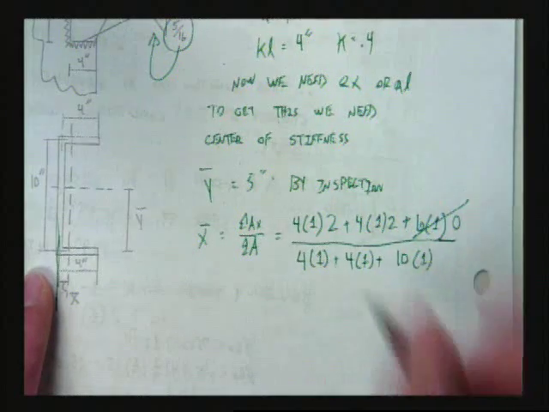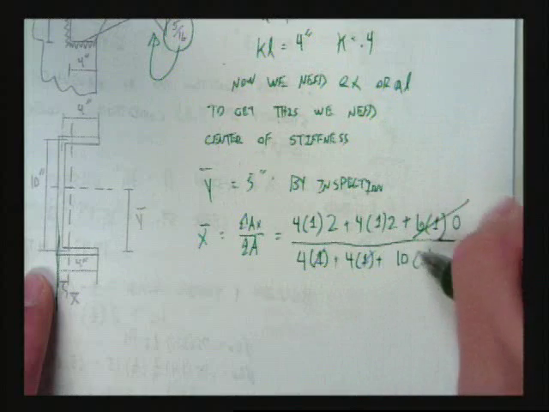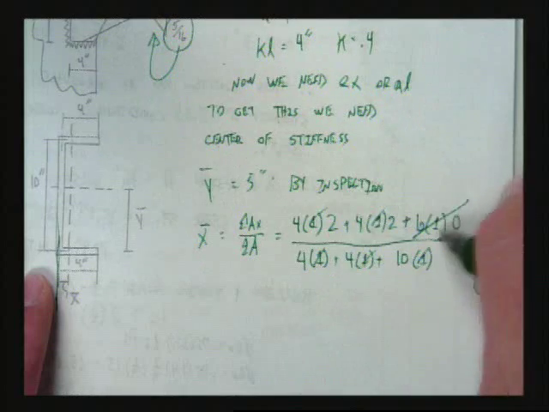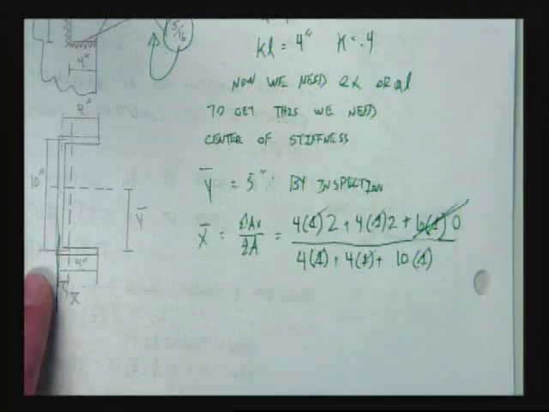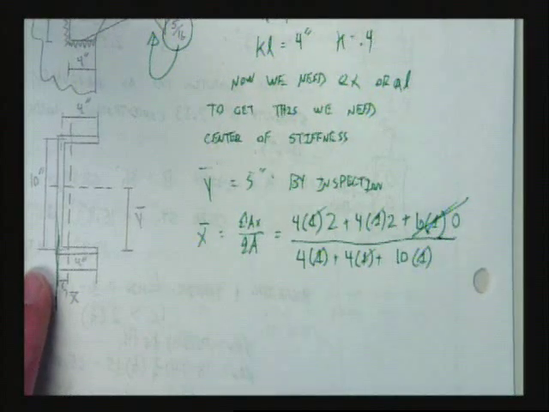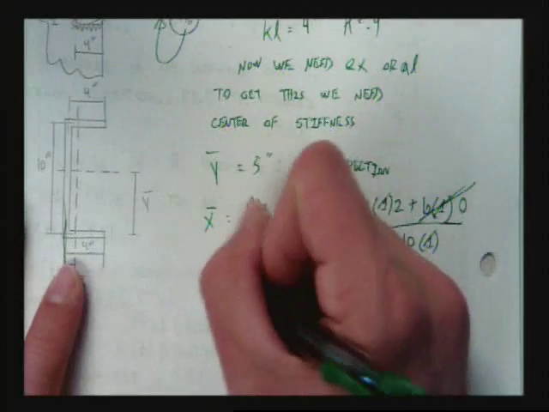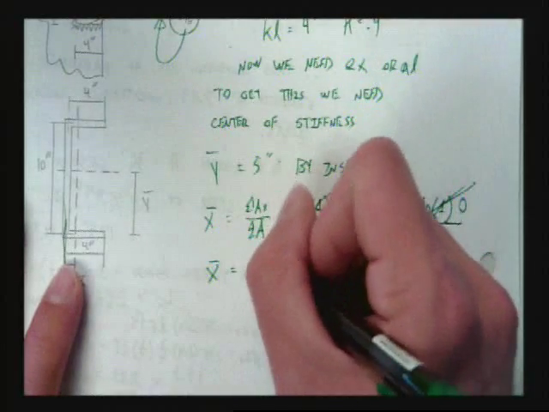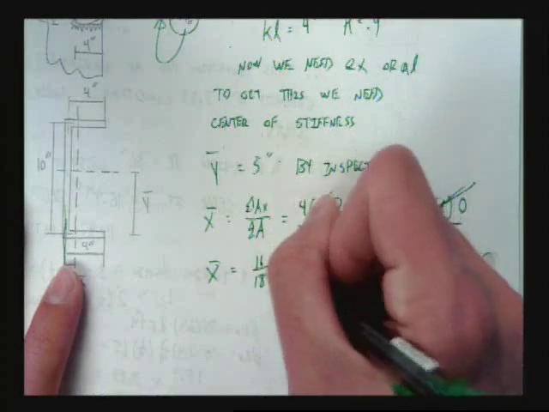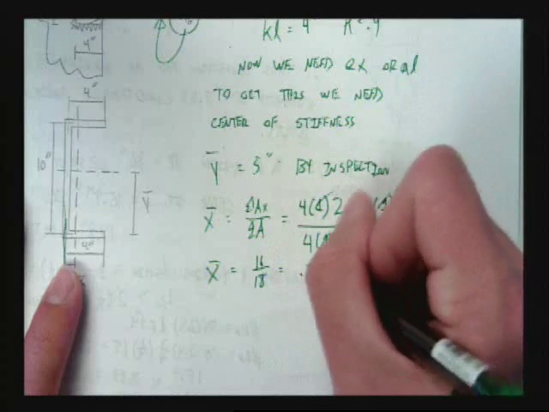Notice all these 1s would cancel. So 5/16, 1, who cares? Does that make sense? If you don't like that, use 5/16. No problem. And you get x bar is equal to 16/18, which is equal to 0.89 inches.